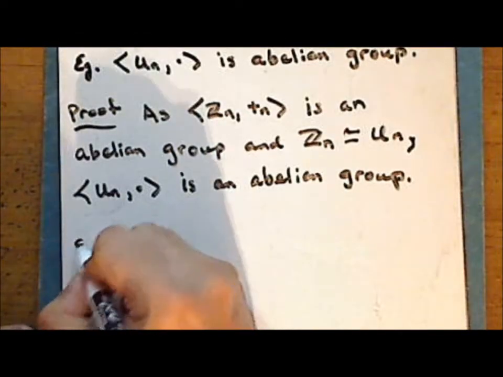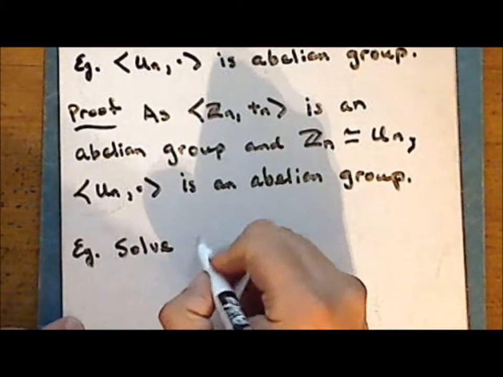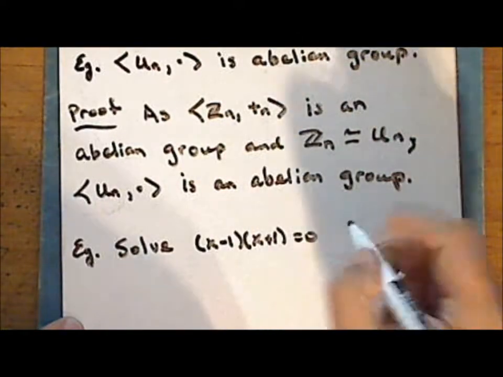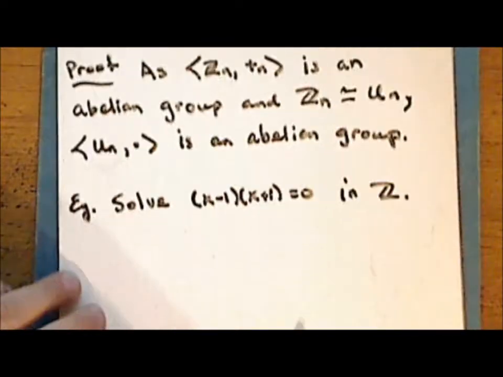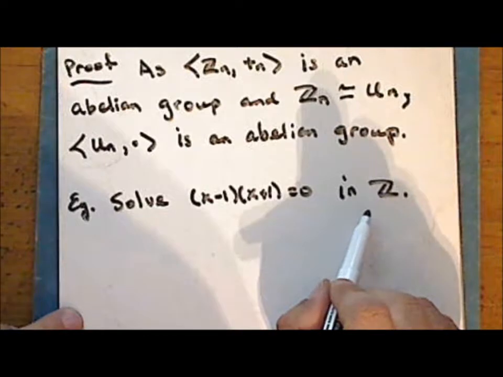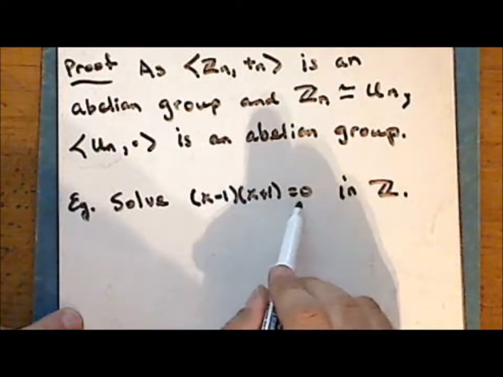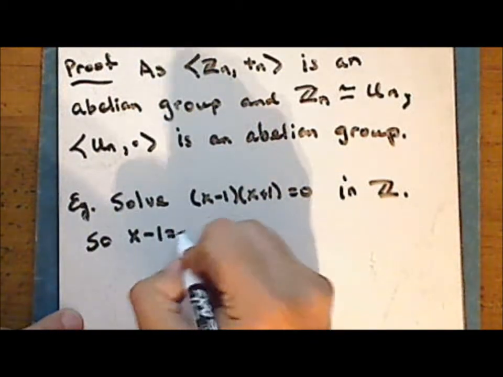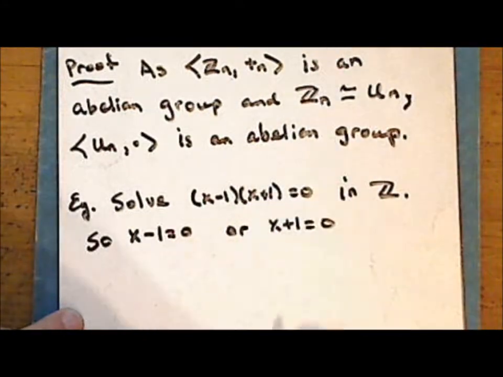Okay, so let's return now to the factored quadratic (x minus 1) times (x plus 1) equals 0, and we're going to solve this equation in the integers. Now, as there are no zero divisors in the integers under multiplication, the fact that the product of two factors equals 0 means that at least one of those factors must be equal to 0.